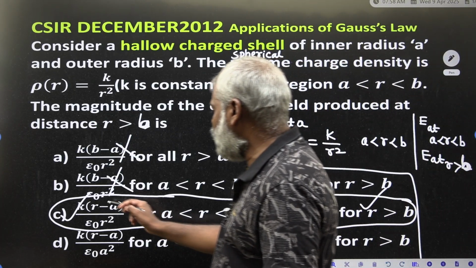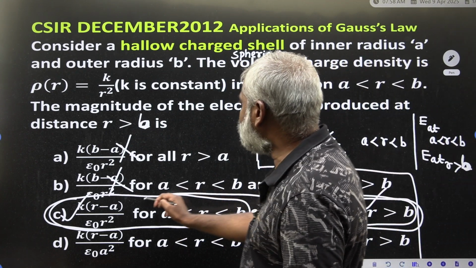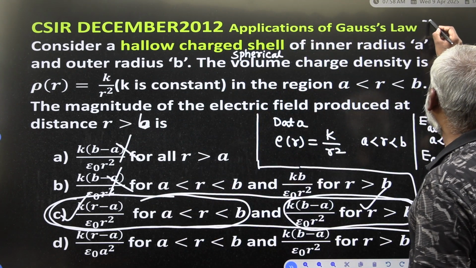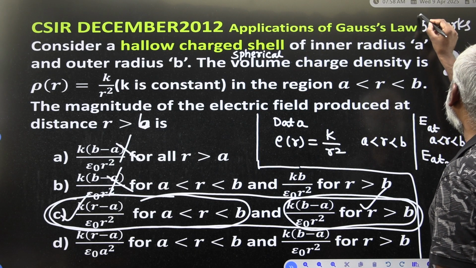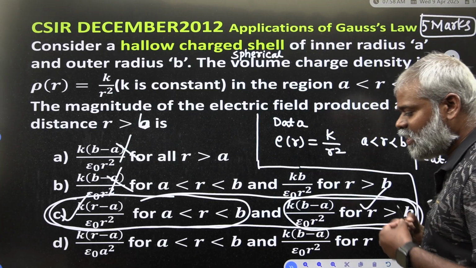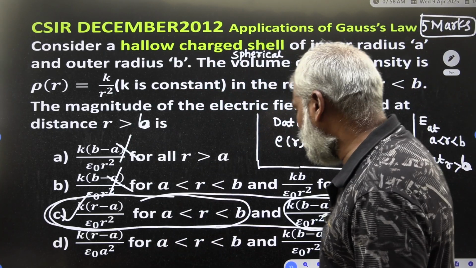Which option is correct? Your option C is correct. So how many marks are you able to get? 5 marks you are getting in your competitive examination. How simple it is! Just simply you have to apply the Gauss law, and you will get the 5 marks question.